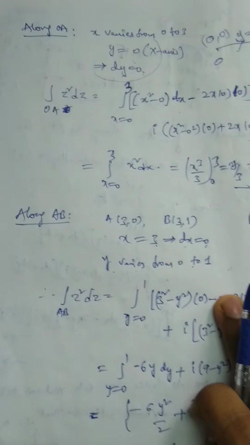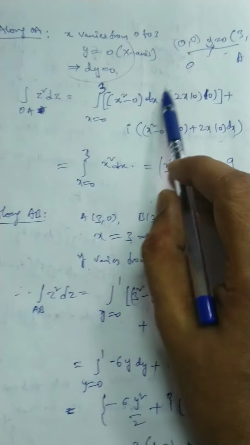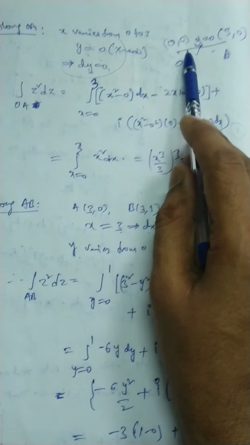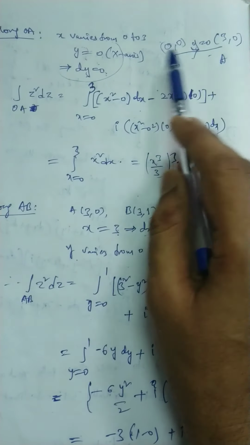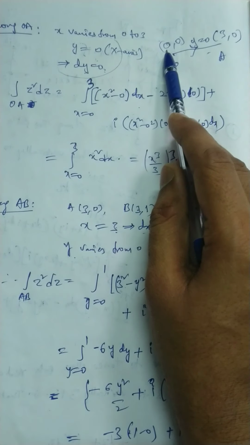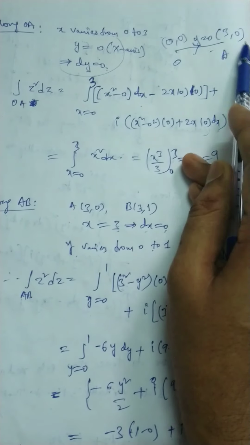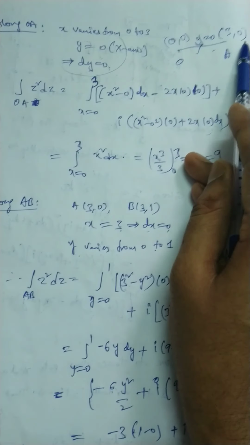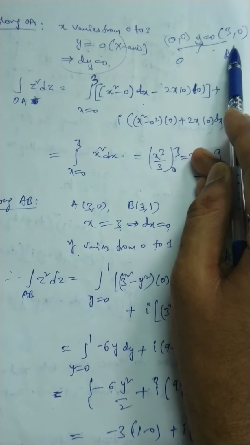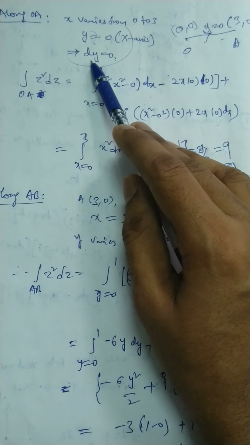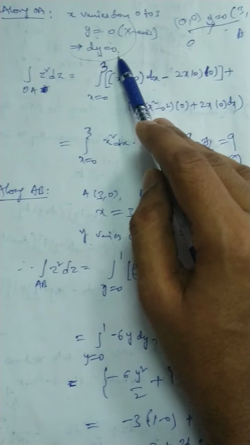So along the path OA, which is the horizontal path O to A, where O is the origin 0 comma 0 and A is the point 3 comma 0, one can observe that x varies from 0 to 3 and y is the same, 0, which is the x axis, so y equal to 0. On that consideration dy will be 0.